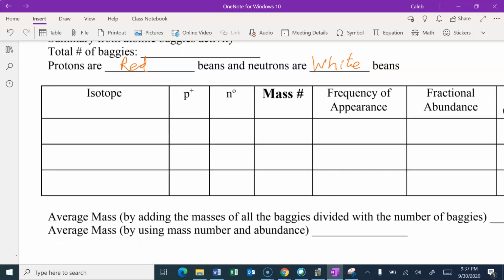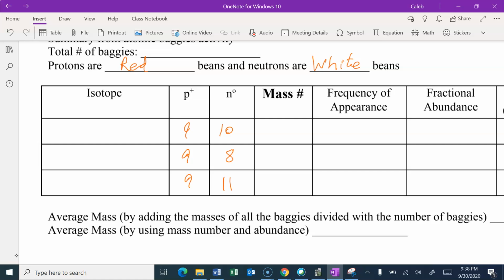Okay, so he had 9 beans in each case. So each of the bags had 9 red beans, which is the protons. The first type of bag had 10 neutrons. The second type had 8 neutrons, and the third type had 11 neutrons. You wouldn't remember this from the video probably, but I'm just reminding you of kind of what it was.